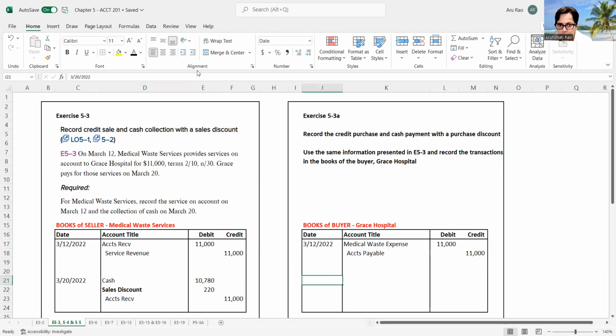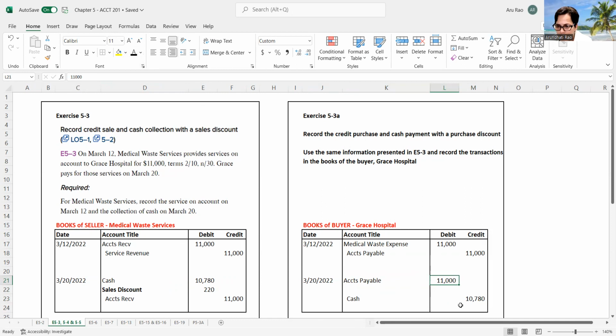Now, let's look at the books of the buyer. The buyer made the payment. So for them, cash will be credit. They paid, and remember, if the seller received $10,780, the buyer paid that exact same amount, $10,780. Their liability in the books was $11,000.